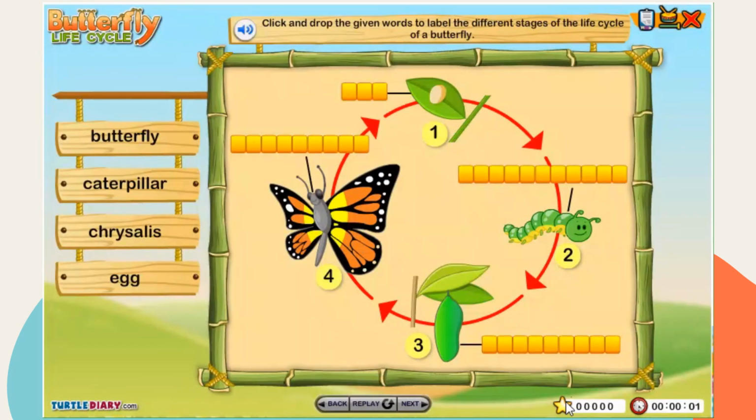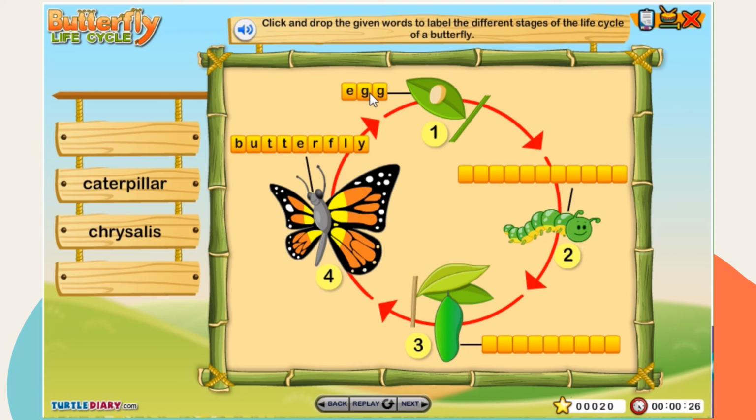Click and drop the given words to label the different stages of the life cycle of a butterfly. Mother butterfly lays eggs. Egg.